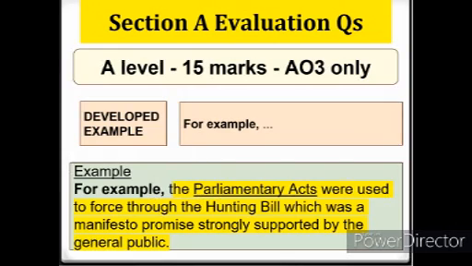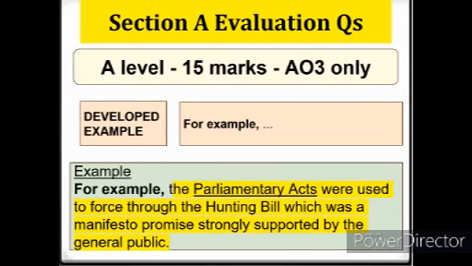And I've used this example, but you could just as easily use Brexit as an example too. For example, the Parliamentary Acts were used to force through the hunting bill, and I haven't put the date, 2004, but it doesn't matter. So for example, the Parliamentary Acts were used to force through the hunting bill, which was a manifesto promise strongly supported by the general public.